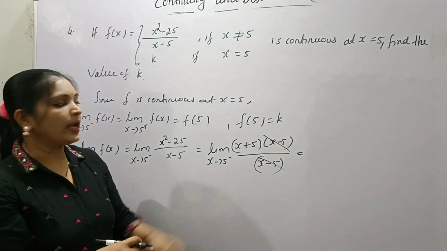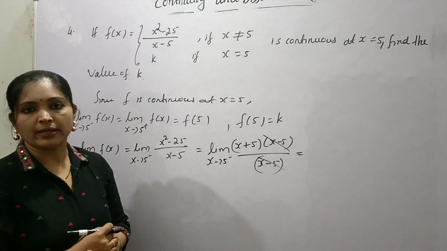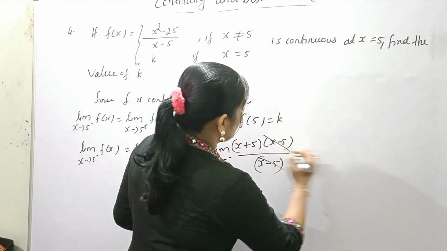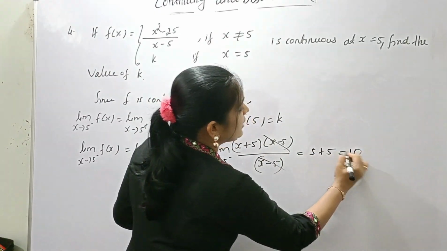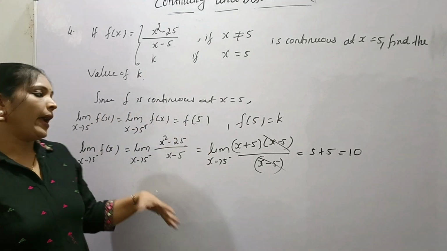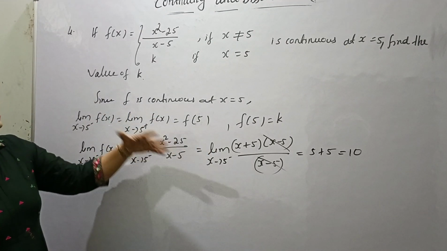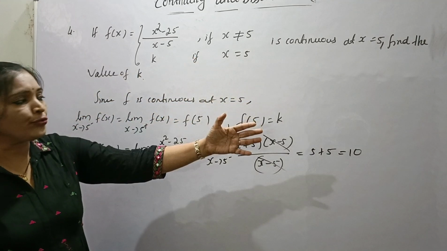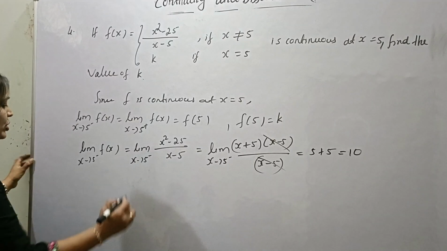Now we can substitute directly. If we substitute x is equal to 5, we will get the limit, 5 plus 5, that is equal to 10. So here we have got left hand limit is equal to 10, and you will get right hand limit also equal to 10. And since it is continuous at x is equal to 5, this left hand limit is equal to value of the function.